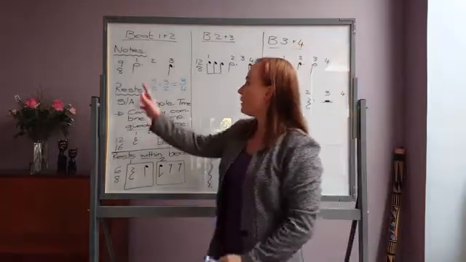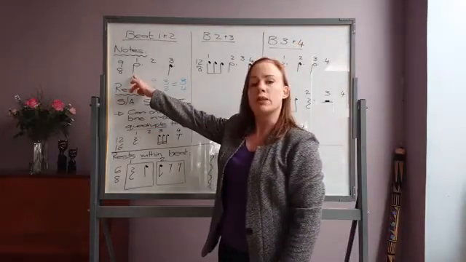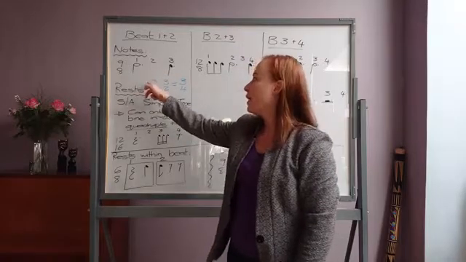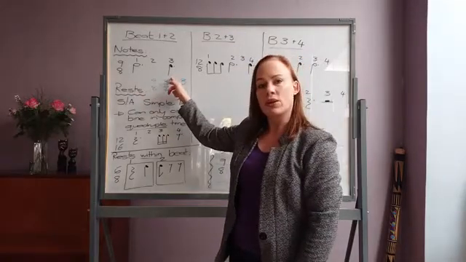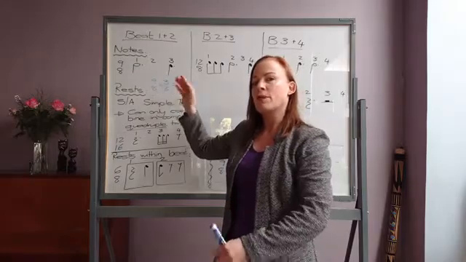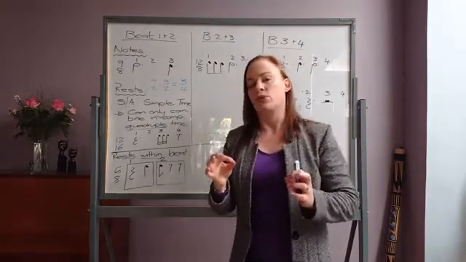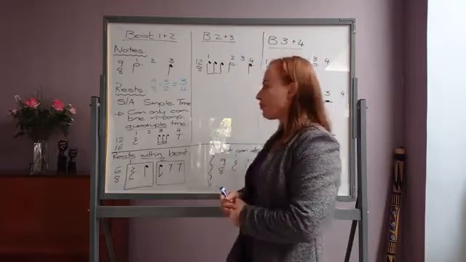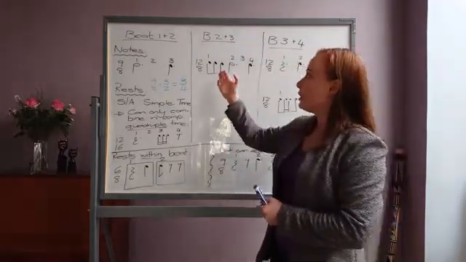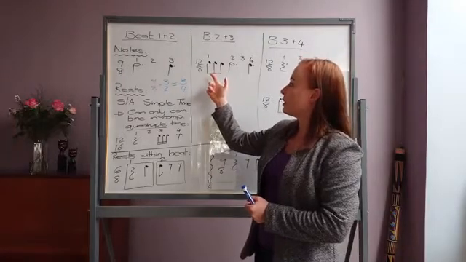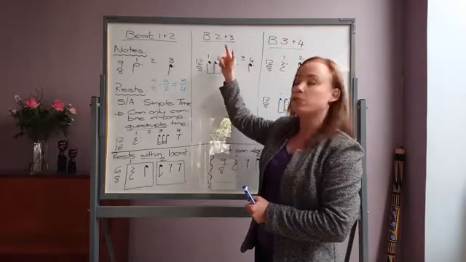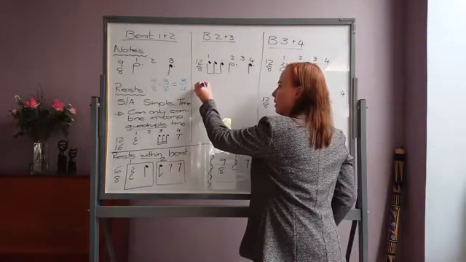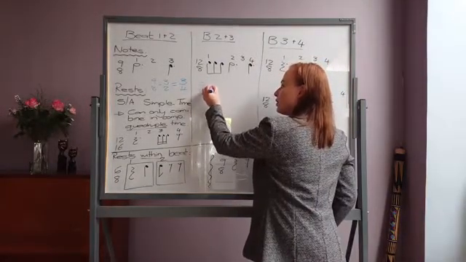Here you can see I've got a dotted minim where I combined beat 1 and 2, and then beat 3 is on its own. I'm applying exactly that same rule from simple time, but now in compound time. Over here I gave you an example where I put beat 2 and 3 together. Just to make sure you understand how I divided it, 12/8.